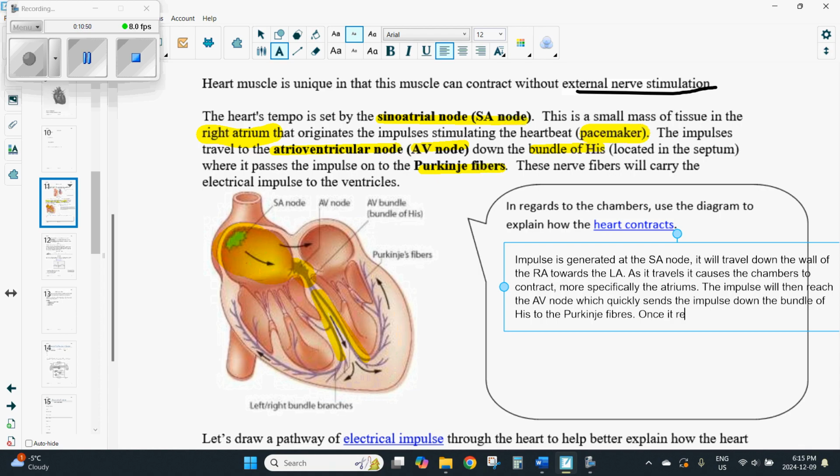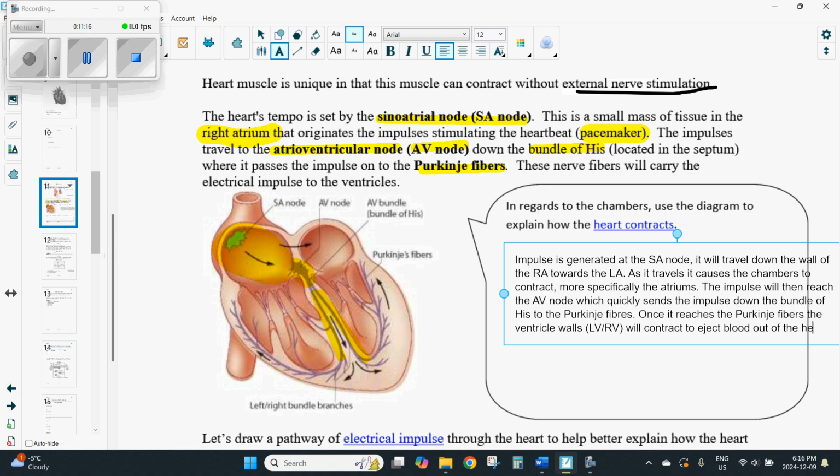Once it reaches the Purkinje fibers, the ventricle walls, in brackets left ventricle / right ventricle, will contract to eject blood out of the heart.